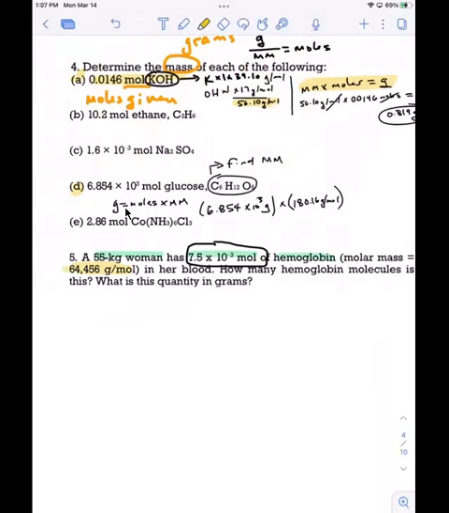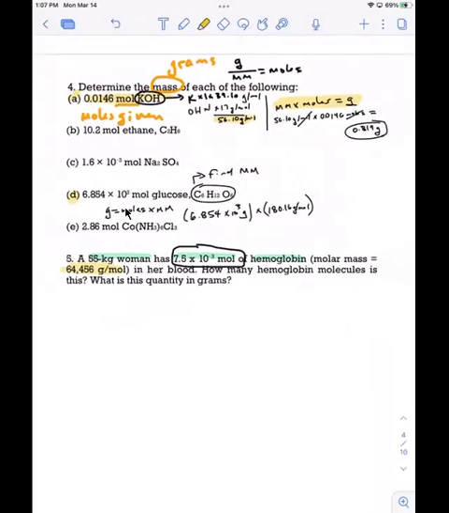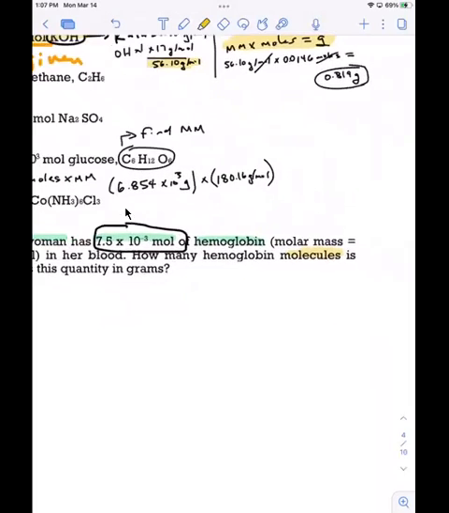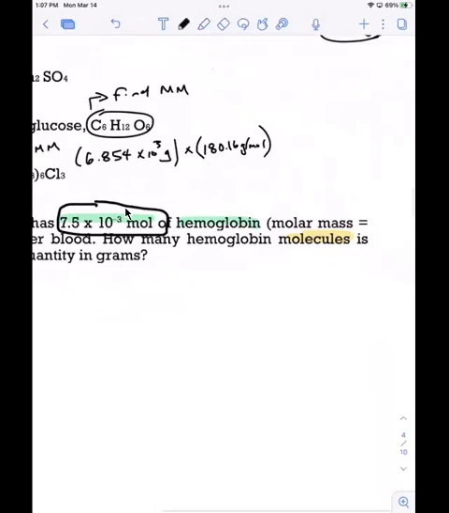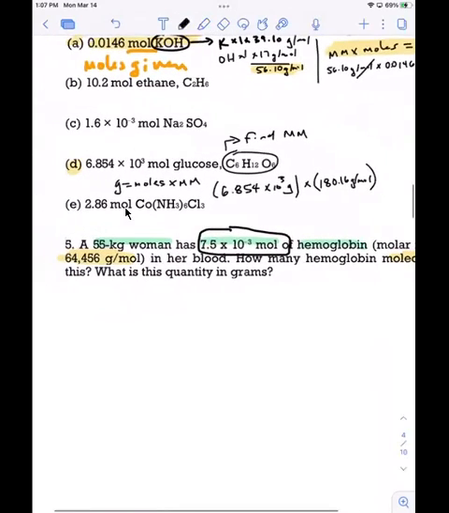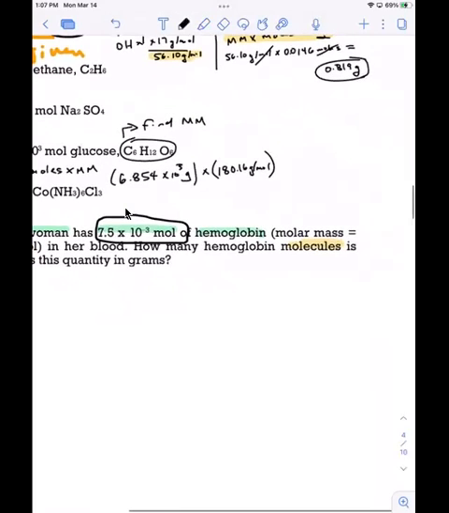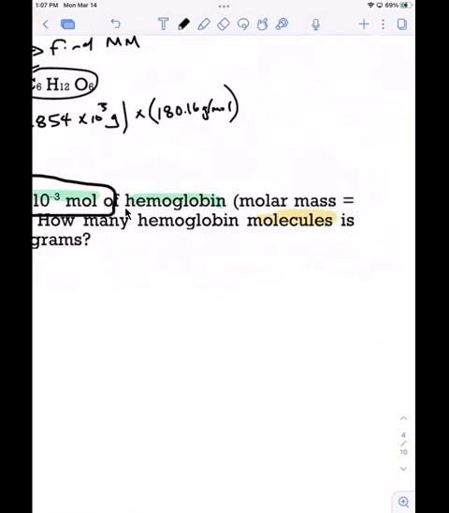So what do we need in order to find molecules? Is it the atomic mass? Well, we have the molar mass. But if I want to find out how many molecules are in a mole, I have a number I can use.